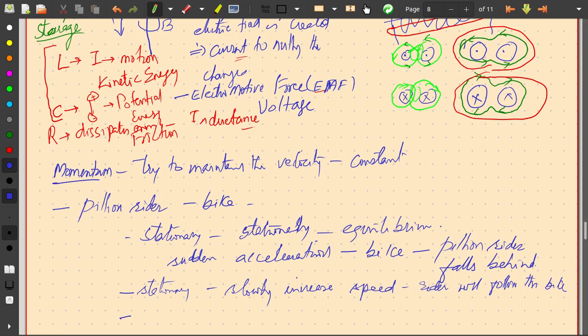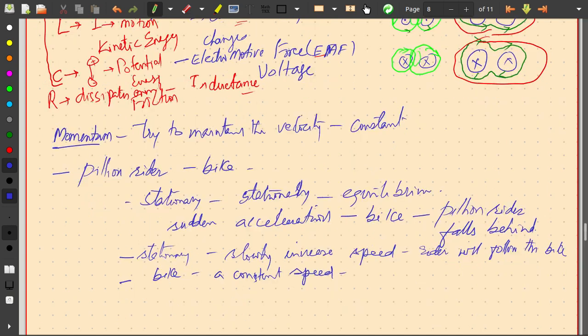Now, the bike is moving at some constant velocity. Then something on the road, there is an obstruction which suddenly appears, and hence there is a sudden brake applied by the rider.